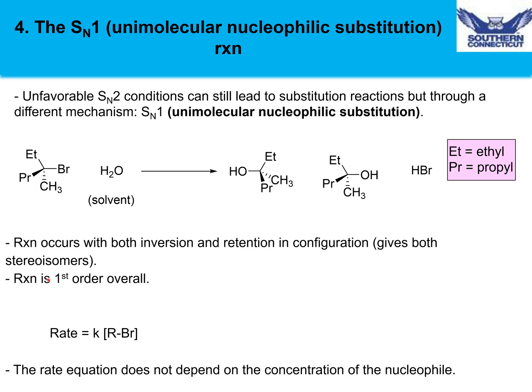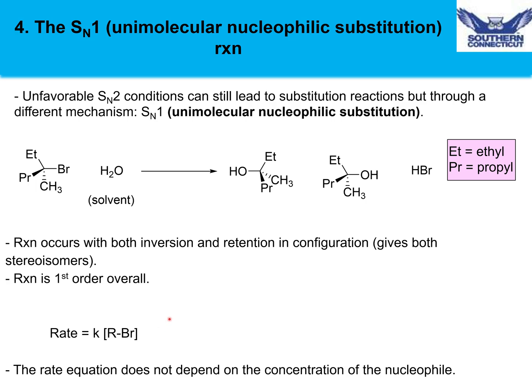And SN1 reactions in general have a rate law equation that has the rate being equal to a constant k times the concentration of the alkyl halide raised to the 1 power, although it's not shown here. Notice missing from this equation is the concentration of the nucleophile, which we saw in the SN2 reaction.